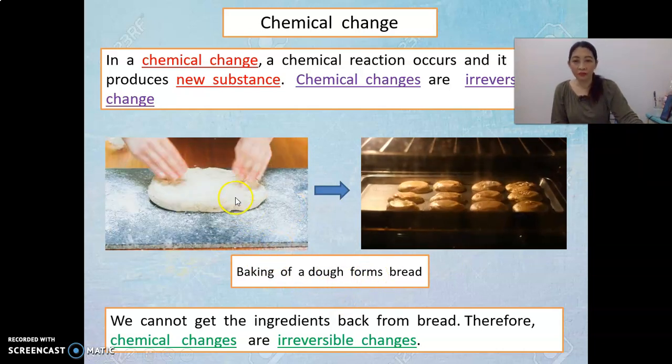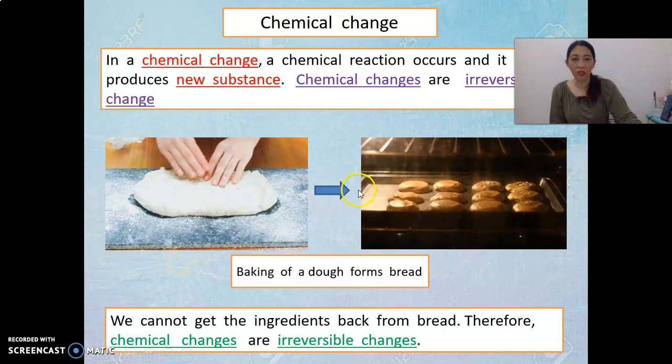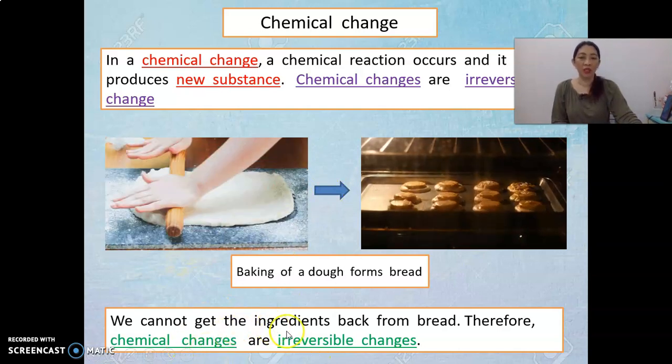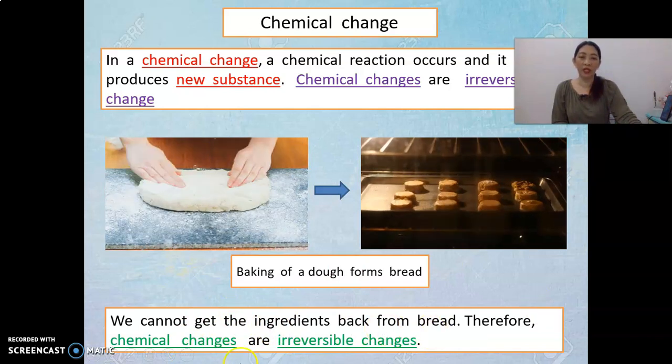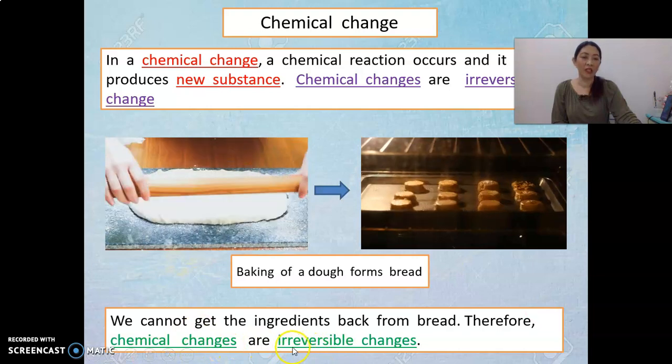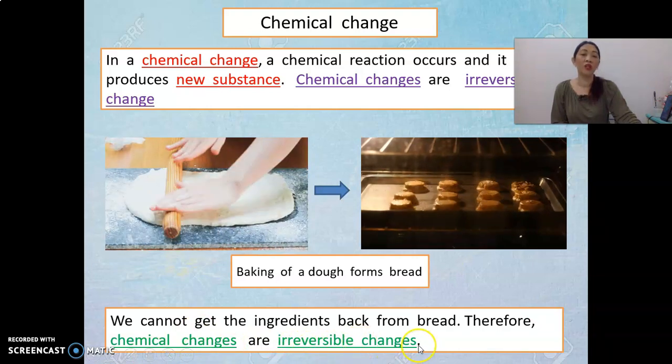When you put it in the oven, we cannot get the ingredients back from the bread. Therefore, this is chemical change and it is an irreversible change.